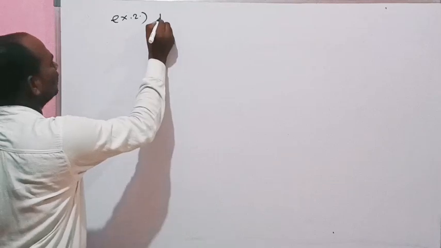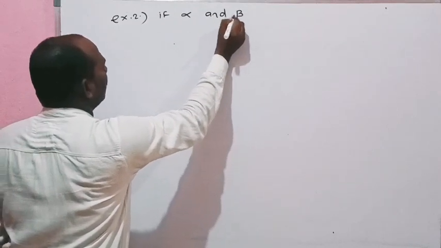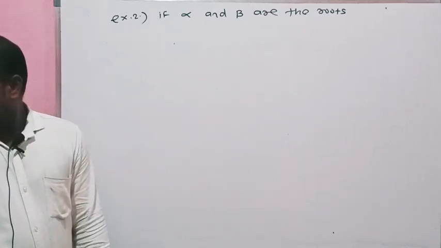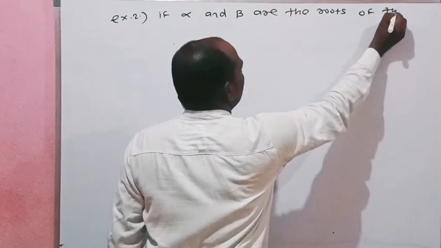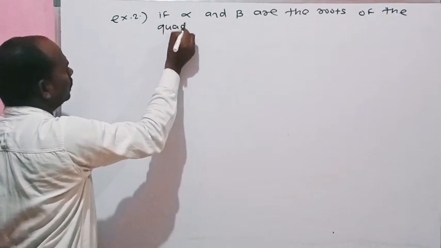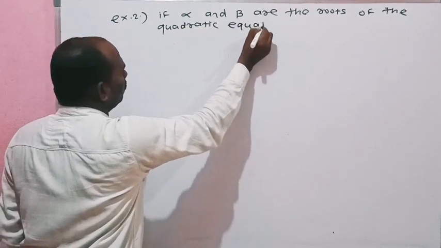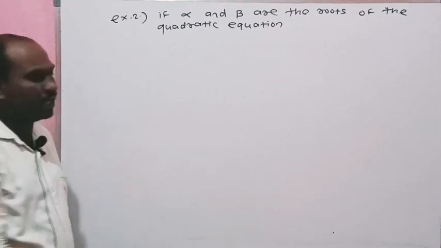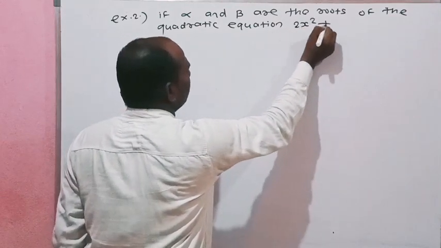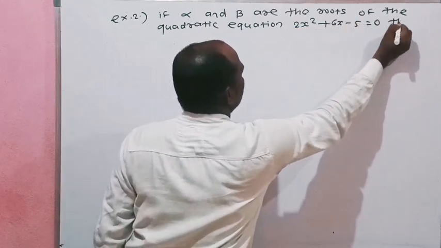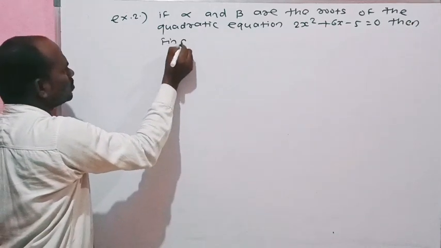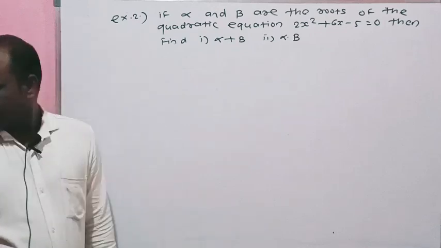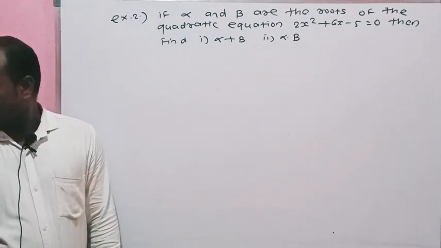If alpha and beta are the roots of the quadratic equation 2x square plus 6x minus 5 equal to 0, then find first alpha plus beta and second alpha minus beta.